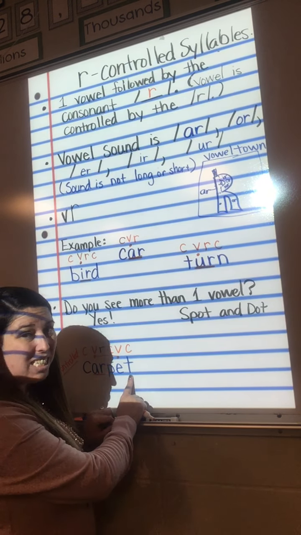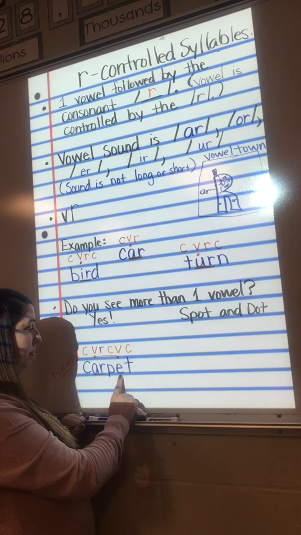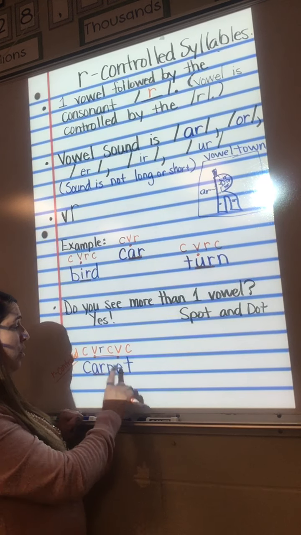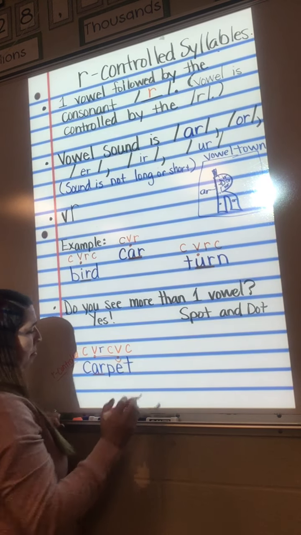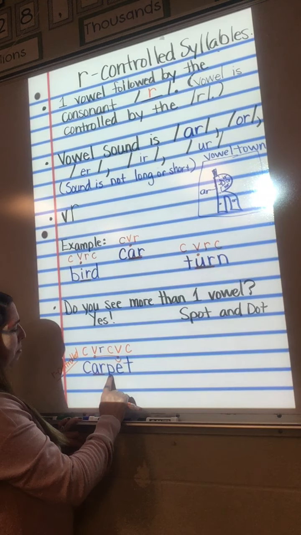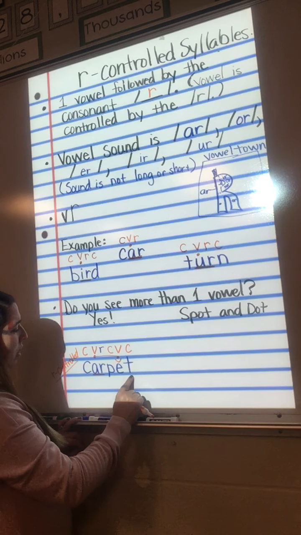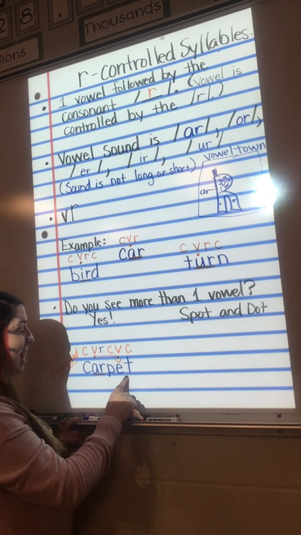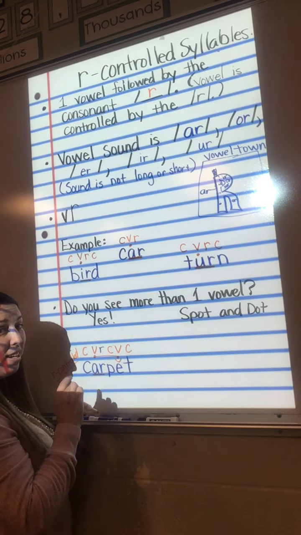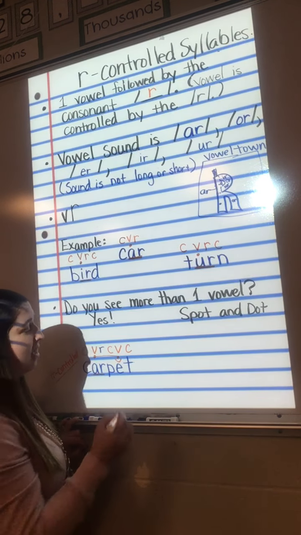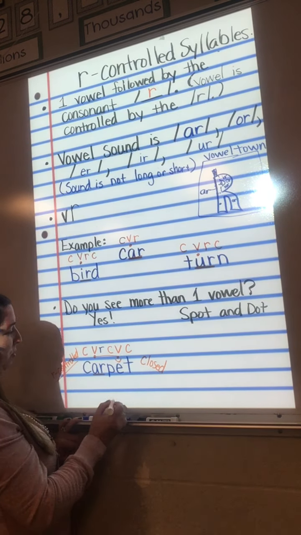And I realized it doesn't have the helper E, the silent E, like last week. So that's not going to be long. So I think that E is going to be short. So I'm going to give it the short symbol. So I'm going to say p-et, pet. Oh, I think this one we've just identified as, it's got the CVC pattern. What did you identify it as? If you said closed, you are correct. It is a closed syllable.